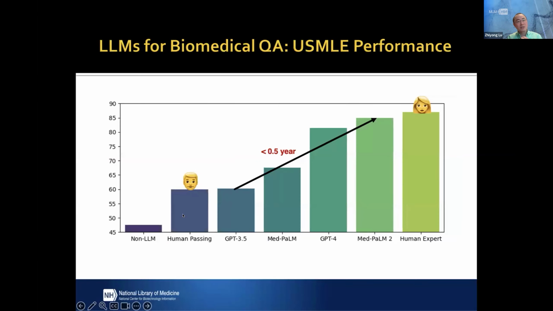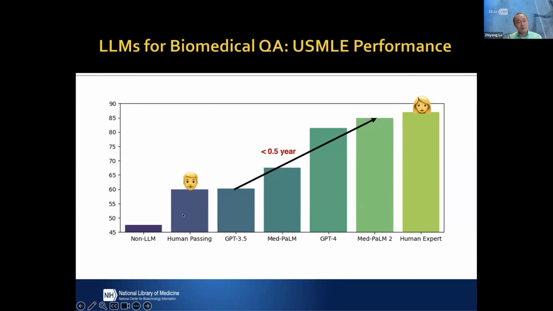Some of the early success of ChatGPT, including as a chatbot: when it launched, it was already able to achieve a score of 60 on the USMLE medical exam. This is the medical exam test for medical students in the US, in the format of multiple choice questions.